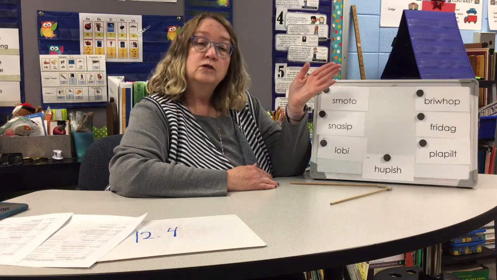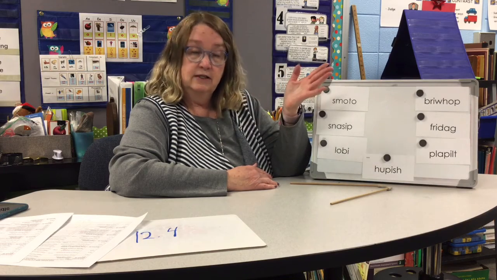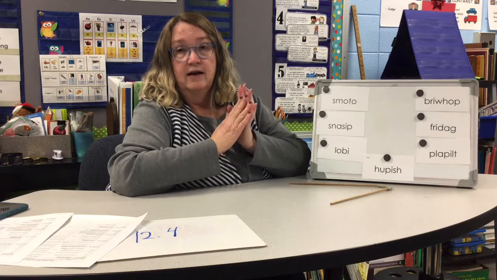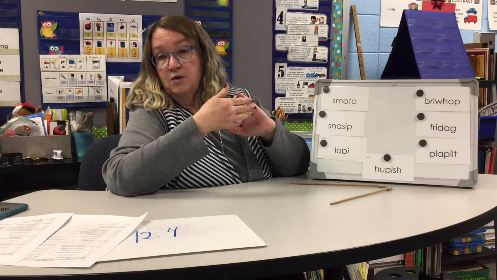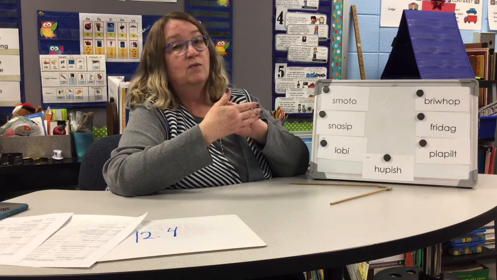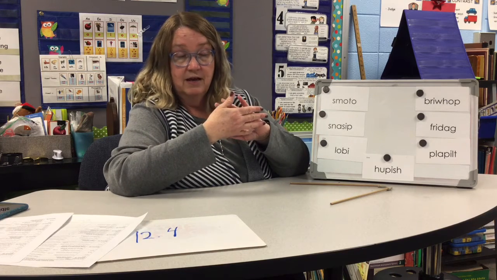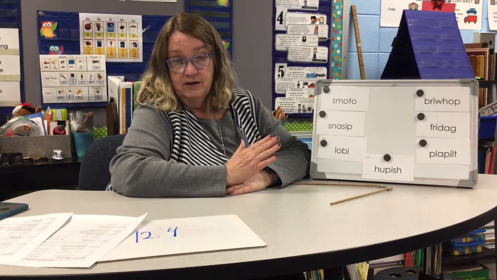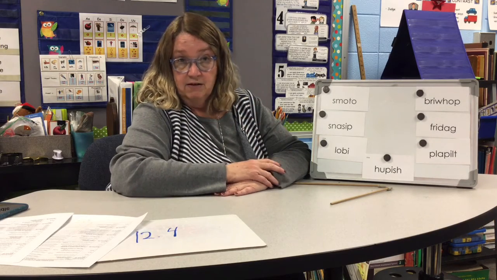It's like the door is open, and so that long sound keeps going. Of course, in a multisyllable word, your open syllable will be followed by something. But when we talk about an open syllable, it means that when we divide the word and cover up the other half of it, you'll be able to see that the vowel is open.